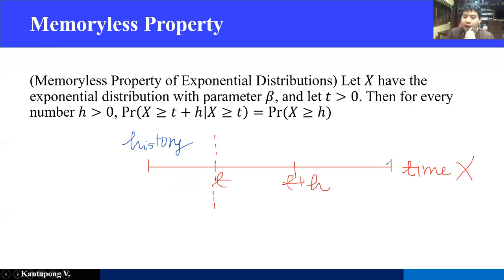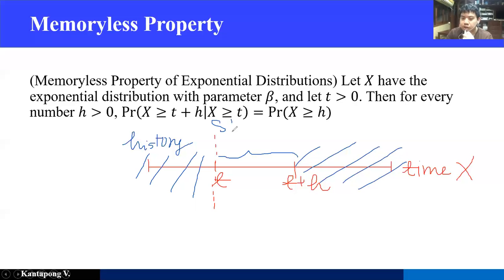And the probability that x is greater than or equal to t plus h, given that t has passed already and the next event hasn't occurred yet, is as if we haven't been waiting for the time period t. It's just as if we start all over again. It is the same, right?